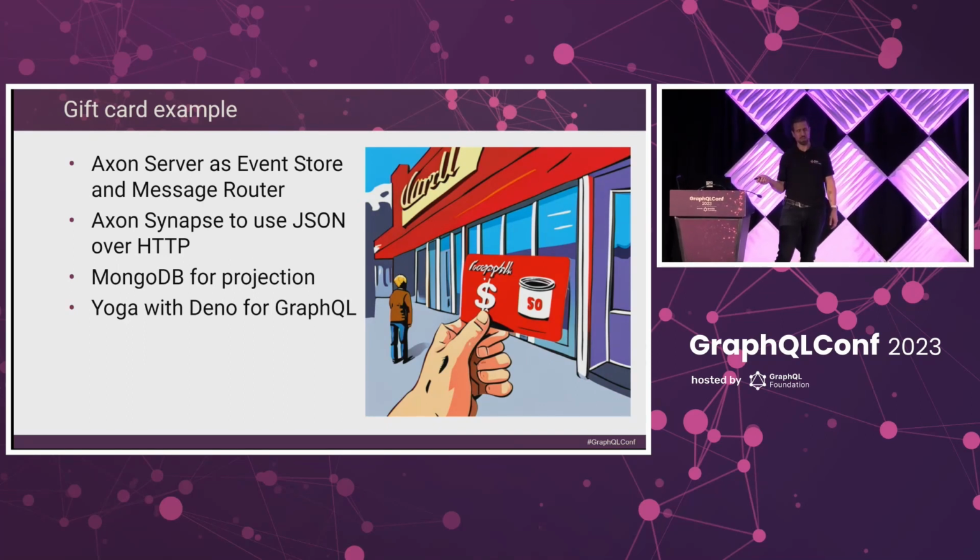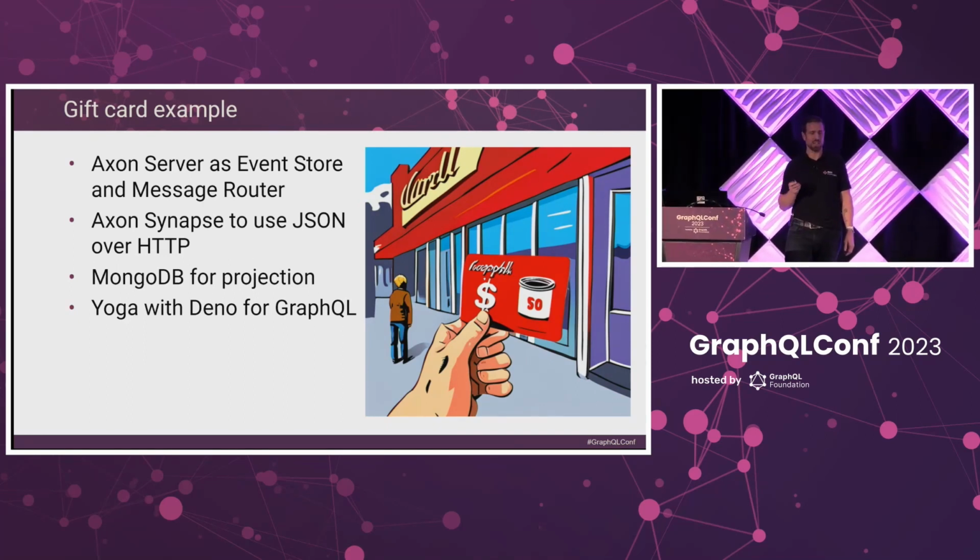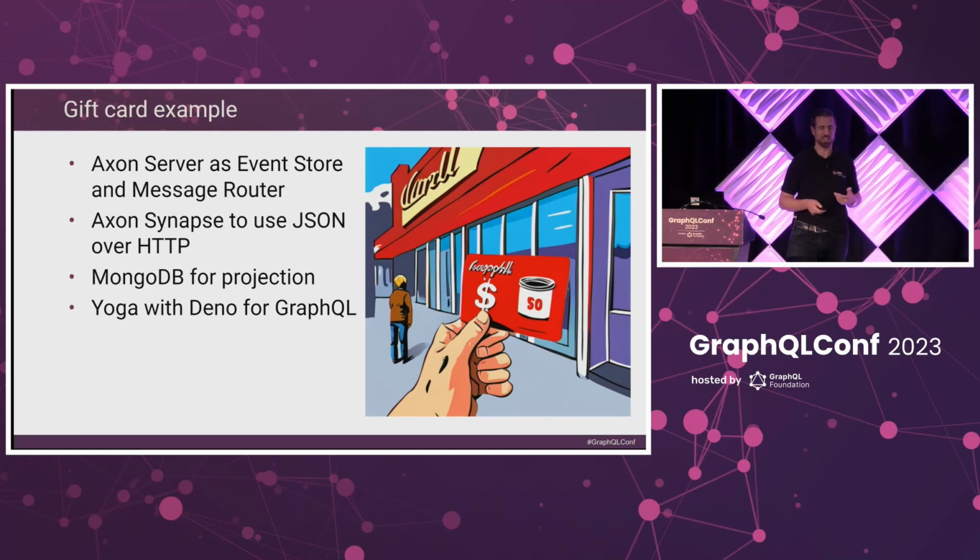So for the demo project, I'm using Axon Server as the event store and message router. That means that all the messages flow through the Axon Server. And then I will use, it's still a separate component, and we're kind of allergic to calling it REST, because it's not really clear what REST is. So we're calling it JSON over HTTP, which broadens the scope and makes it easier to use with other languages.